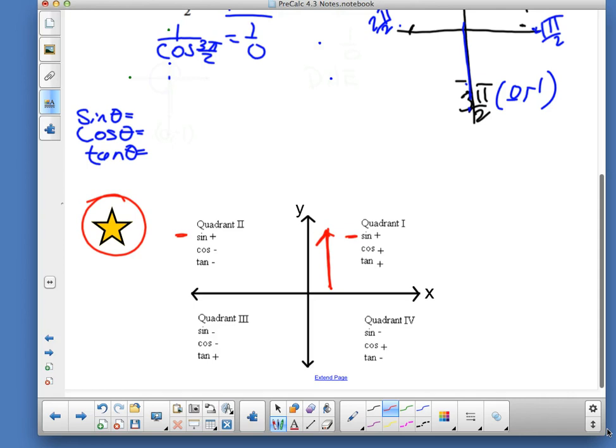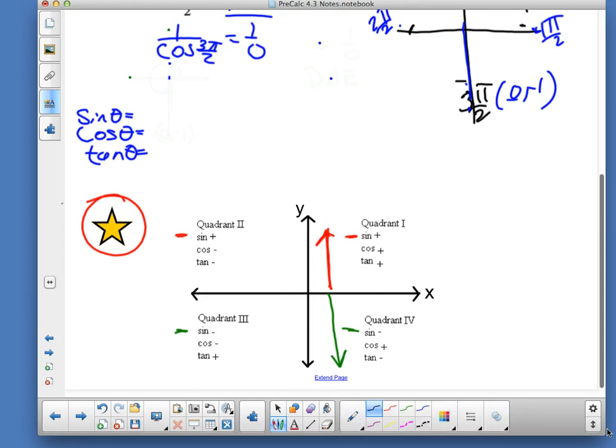Let's stay with sine for a second. Sines in quadrants 3 and 4 are negative. Does that make sense? Because they're below the x-axis. They go down, so they have to be negative values. Remember, that's my y value.